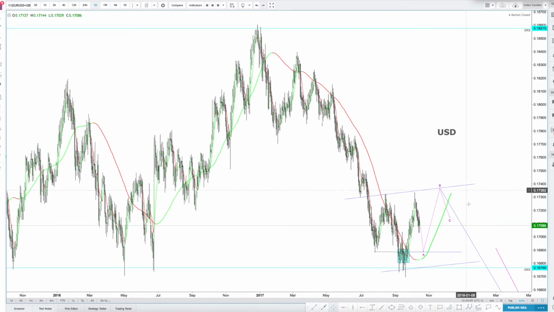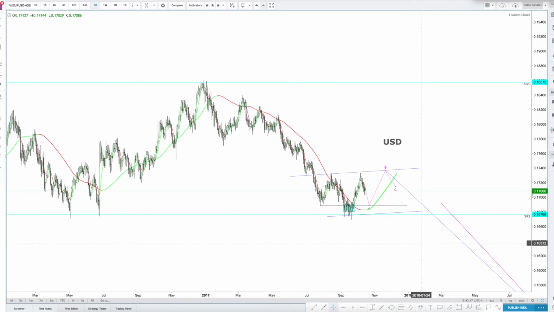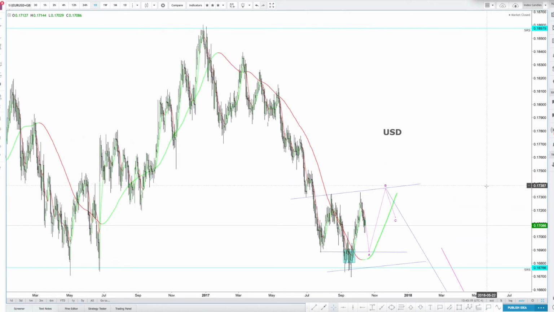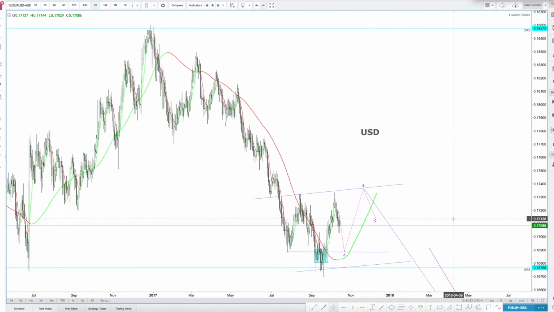If we start turning here, then we're going to look for the break of this bear flag to go short on USD. So that's the idea right now. We're looking for this low to swing up.